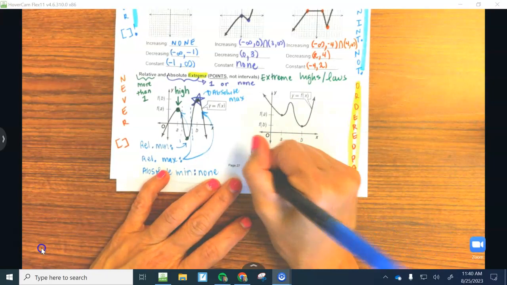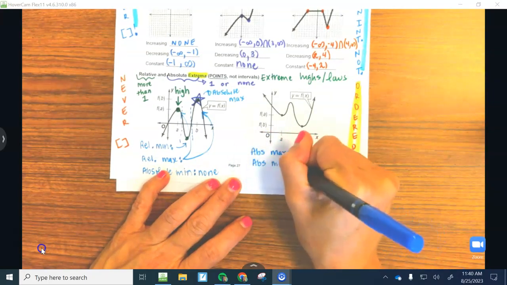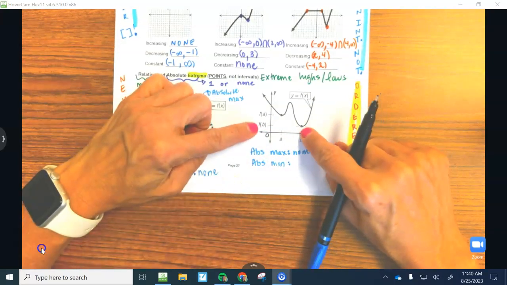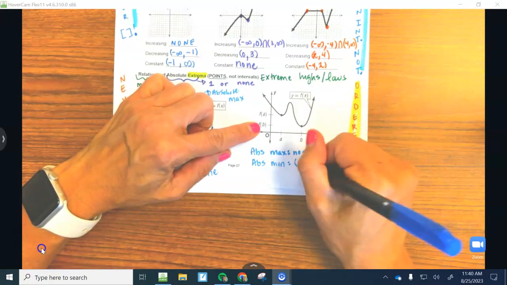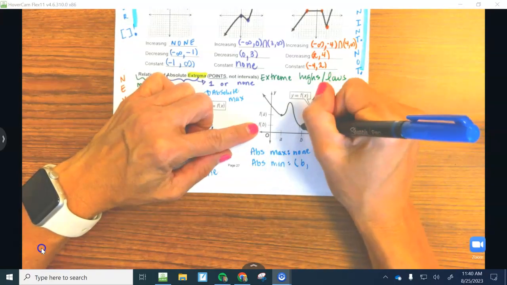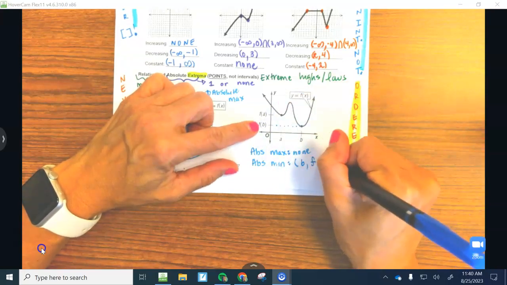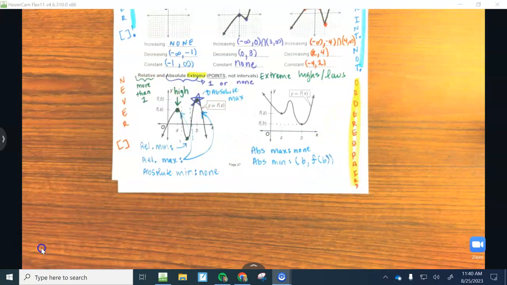But for absolute minimum, absolutely. The absolute minimum is right here. And I'm just going to say that if this has an ordered pair, there's an x value of b and a y value of f of b. That's still x and y inputs, guys. It's just function notation.